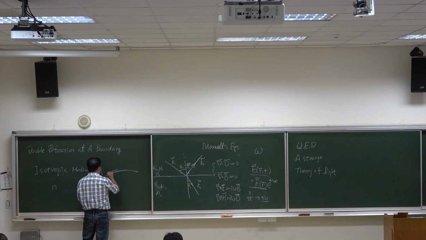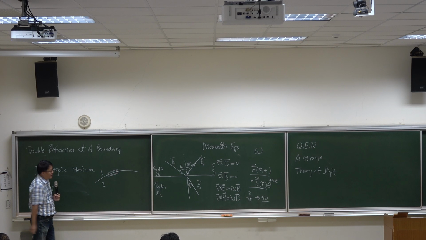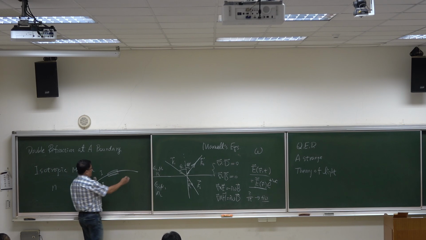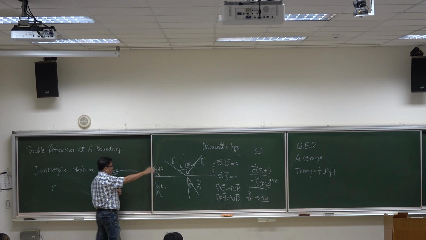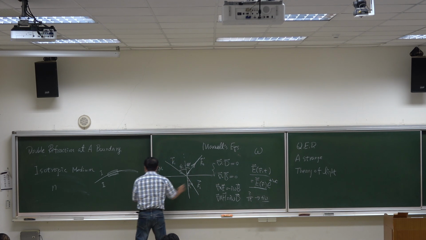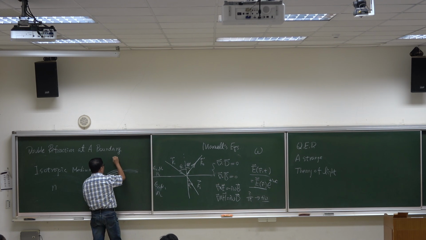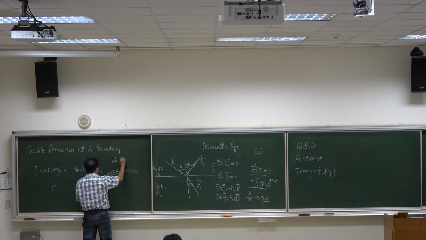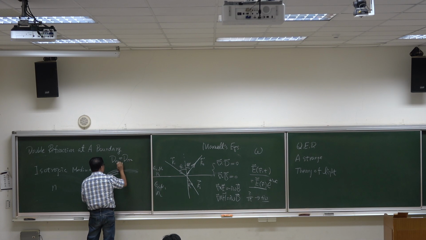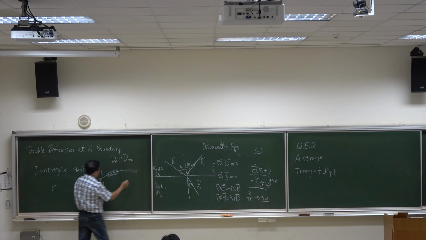To connect the field in medium 1 to the field in medium 2, the boundary conditions corresponding to the 4 different field quantities are the connection of Dn1 and Dn2. N means normal component, okay?